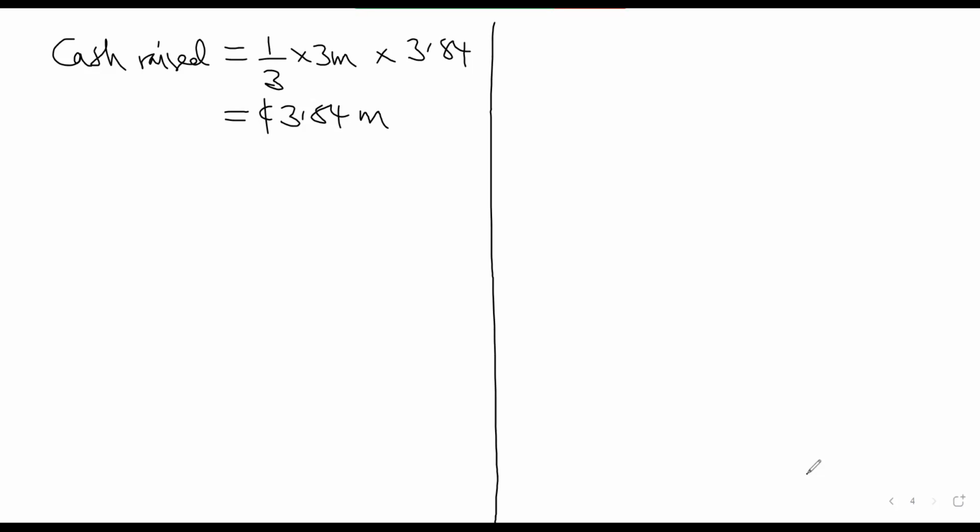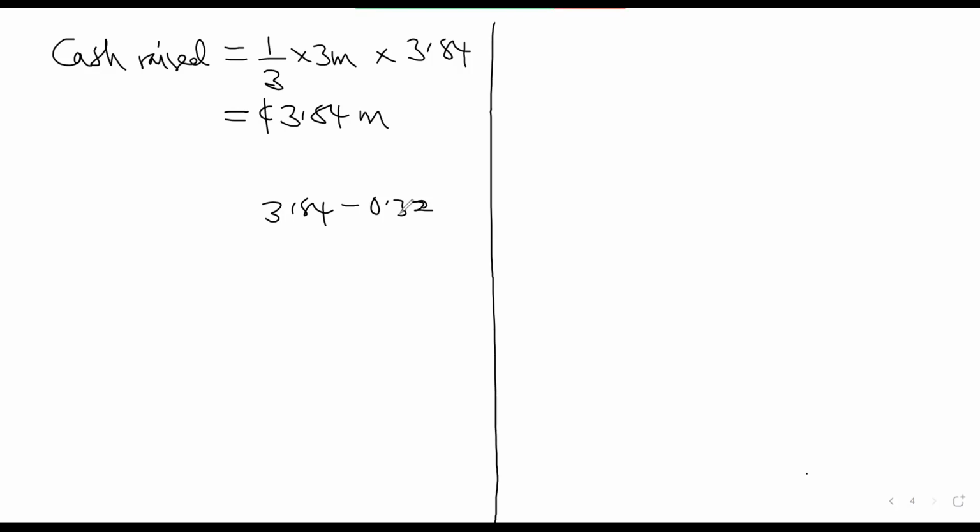If the question asks how much you are paying for that particular company, then that will be the 3.84, the cash raised, minus the issue cost of 0.32. They are not asking you for the cash raised less the issue cost. The actual cash raised is the number of shares multiplied by the rights issue price. But if you want to know the amount that you are paying to those people, then you take the issue cost of 0.32 from it.